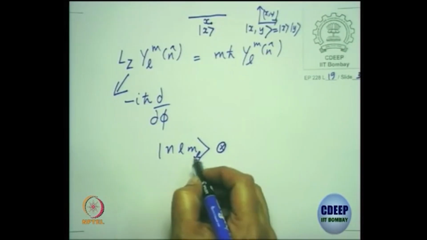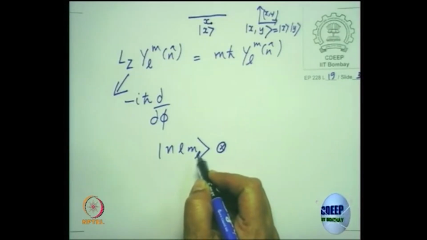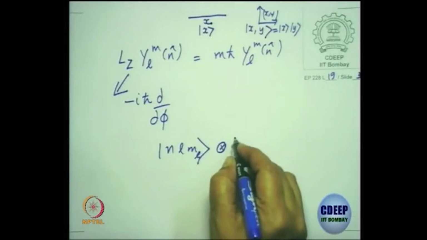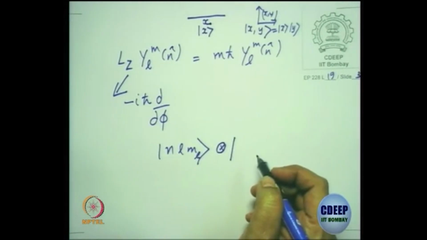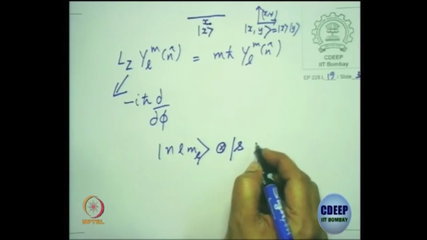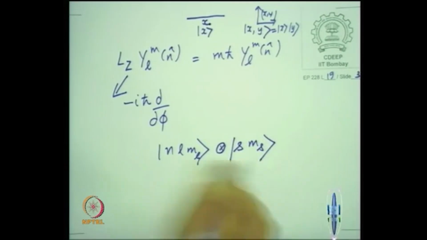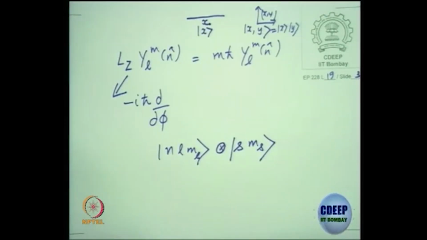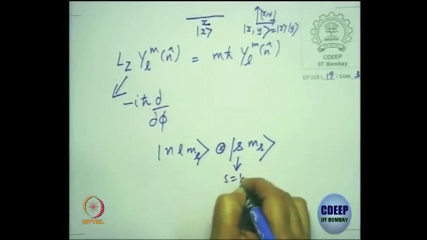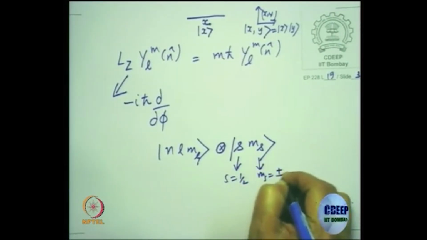You have a space which is principal quantum number, azimuthal, magnetic quantum number. But you are also forced by experiments to introduce a spin quantum number S and an MS quantum number, which is independent. Because you see two lines in the experiments, even for L equal to 0 in the presence of a magnetic field, we say that S is half, and MS can take values plus or minus half.